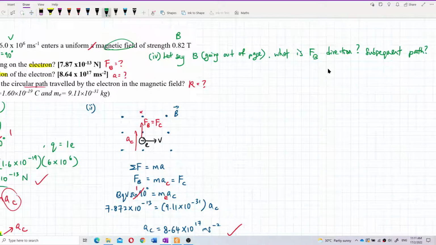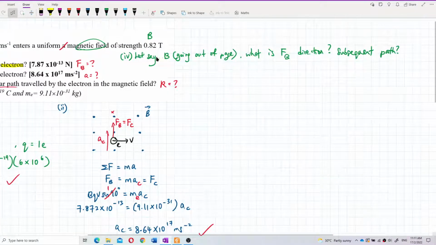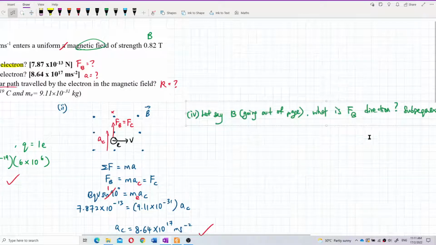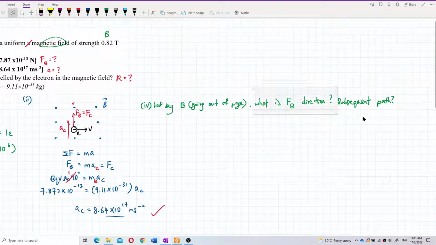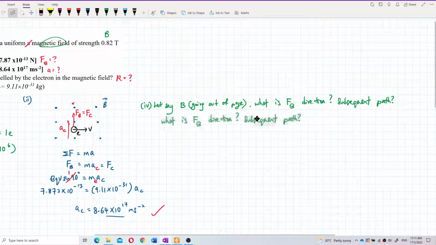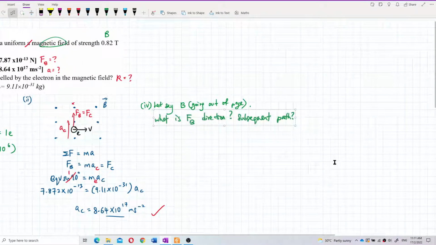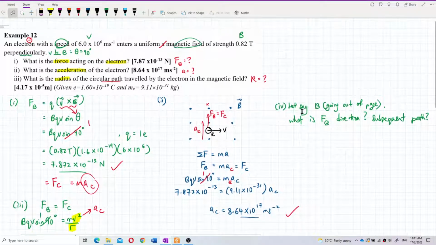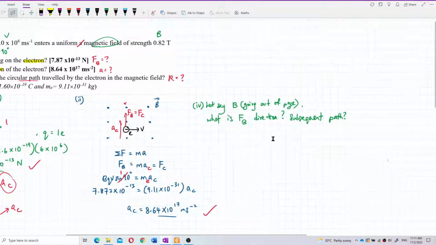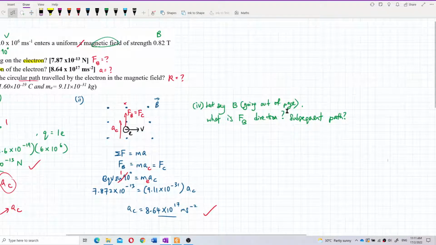So this is the thing I want to know. Maybe I should put this question over here. Let's say the magnetic field is going out of the page. What is the magnetic force direction?